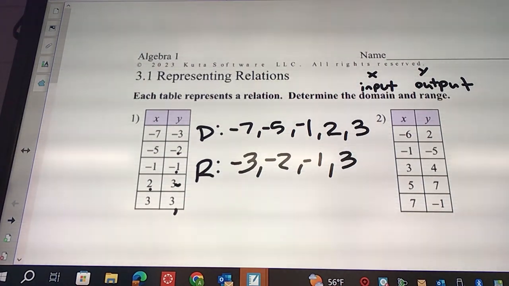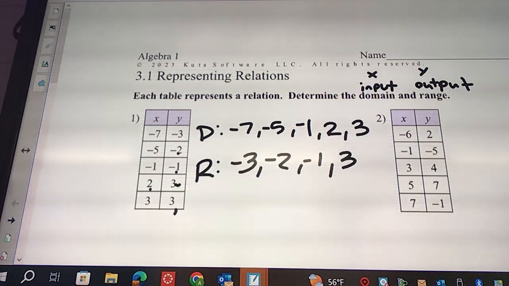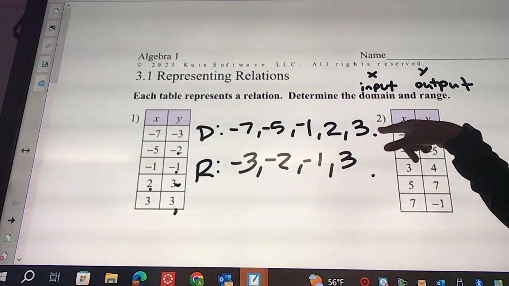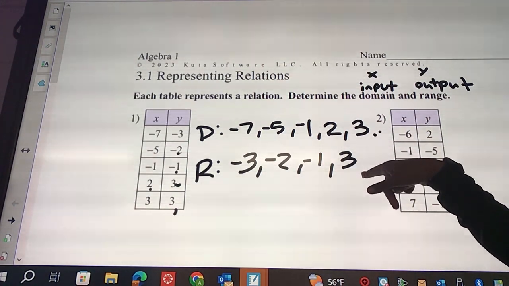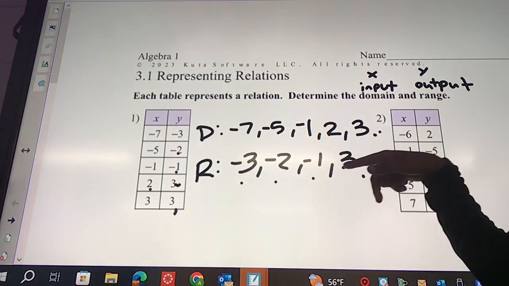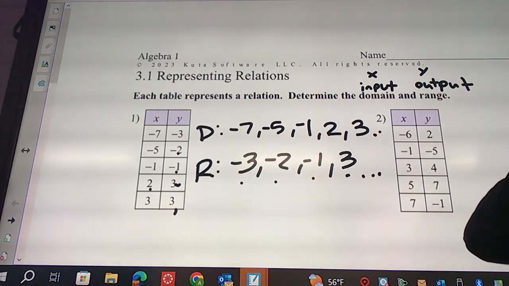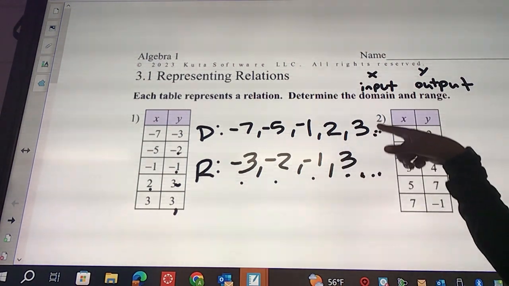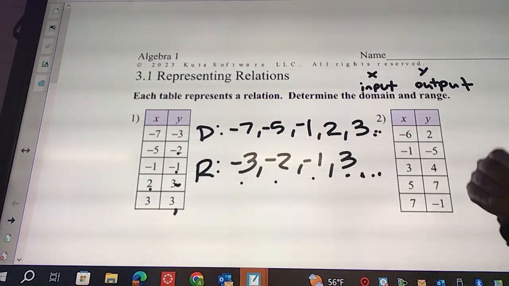No repeating the number, otherwise it makes it invalid. You can have a 3 up here and a 3 up here because we're talking about two different things. We're talking about our cash and we're talking about our snack. I don't say, well, I got a pop, a water, Cheetos, Cheetos, Cheetos. So we don't repeat at all. We only say it once. But you can have a repeat like up above, just not on the same line.